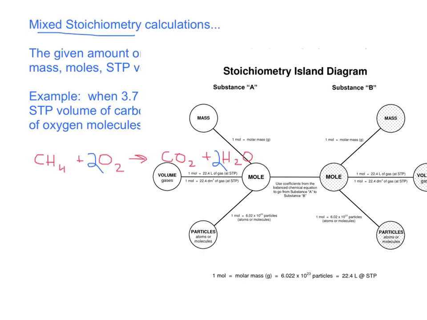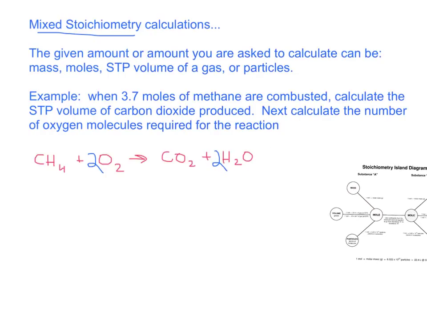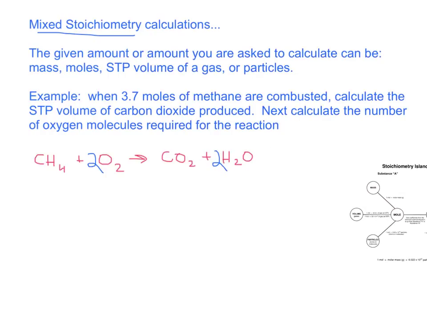And that's what I've given you in this next problem. Mr. Hunter was unable to be with me, but let's take a look at this problem and see how we're going to use stoichiometry to get through it. So we have 3.7 moles of methane being combusted. There's methane plus oxygen in a combustion reaction, and we get, of course, carbon dioxide and water as products.